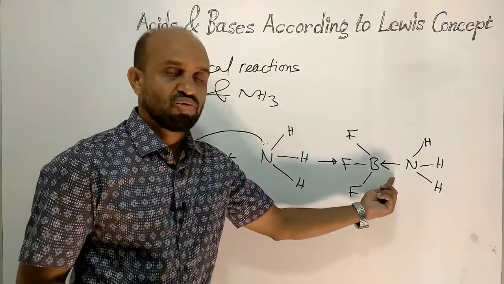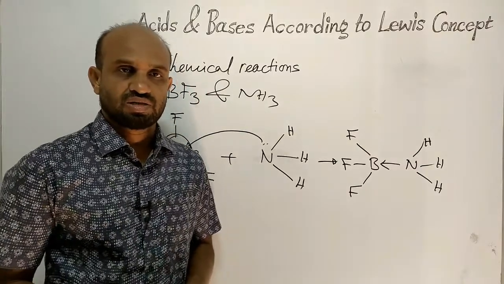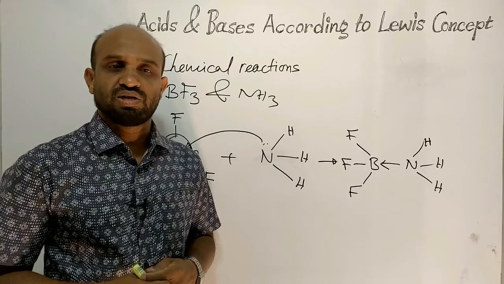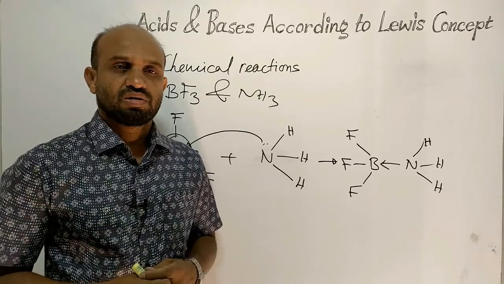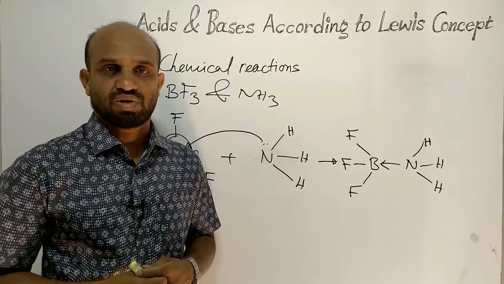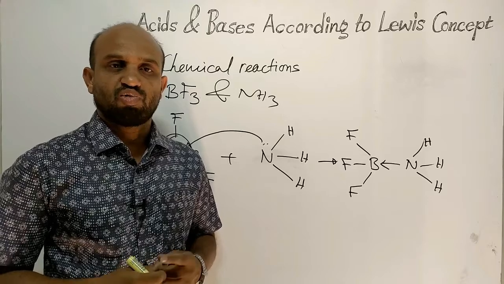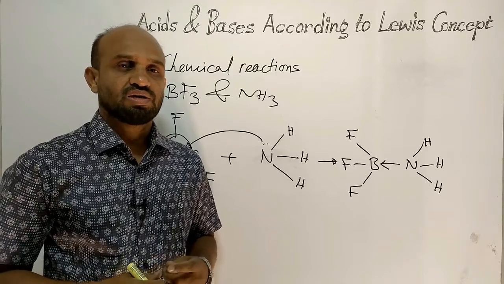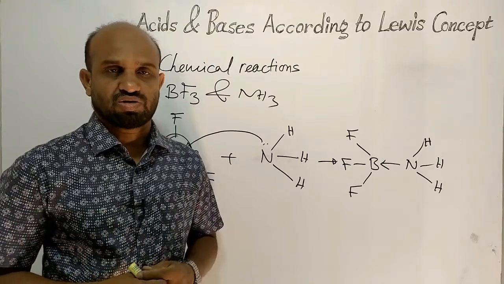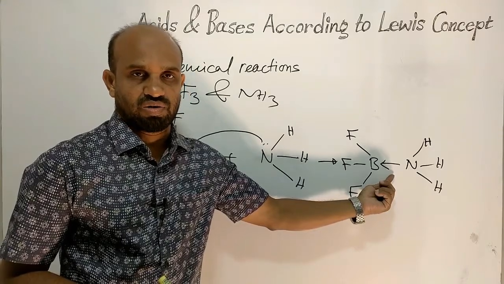Here this is coordinate covalent bond. That means in Lewis acid base reaction a new bond is formed, that is coordinate covalent bond. The bond which is formed by the sharing of one pair of electrons, and that electrons come from one atom but are shared by both the atoms. This is coordinate covalent bond.